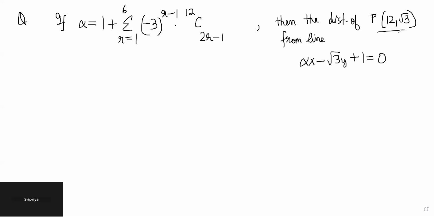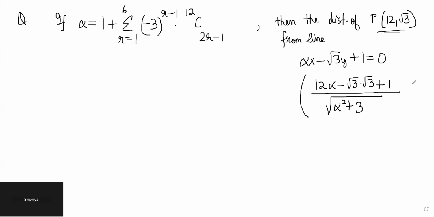So first of all, let's write the distance formula here. It will be the modulus of 12 alpha minus root 3 into root 3 plus 1, divided by the root of alpha square plus 3. Sorry, root 3, never mind.